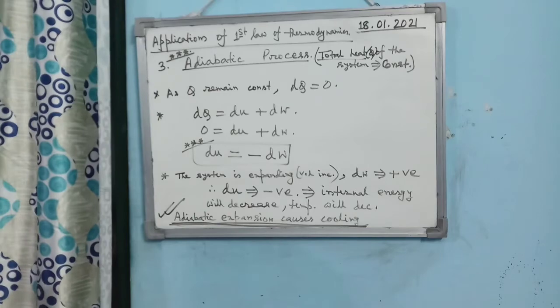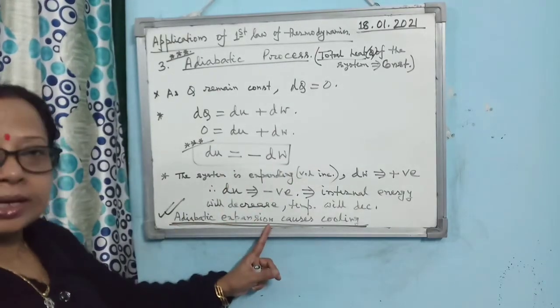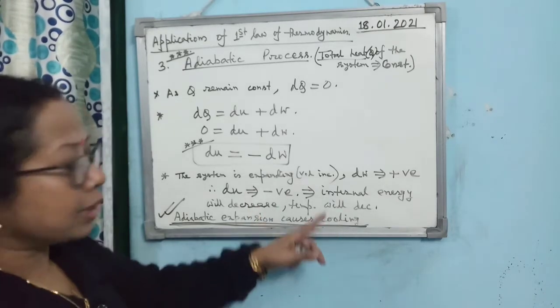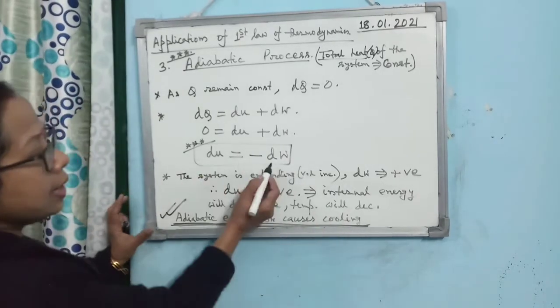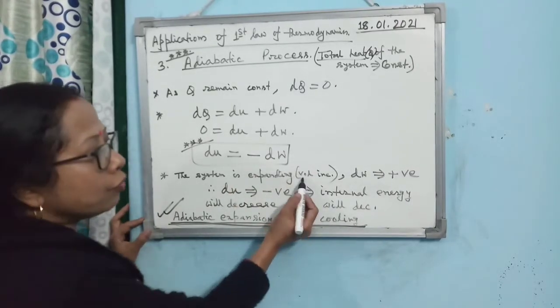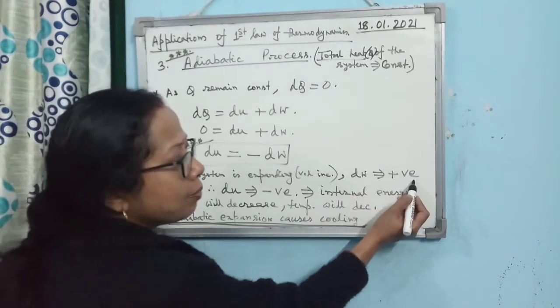Is that clear? Like that, in the opposite manner, adiabatic contraction causes heating. Just look at it, I am not writing it. When the system contracts, the volume will decrease. So when volume decreases, dW will become negative.